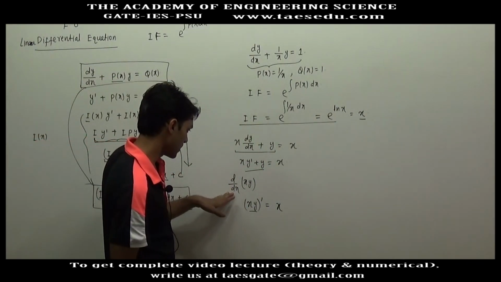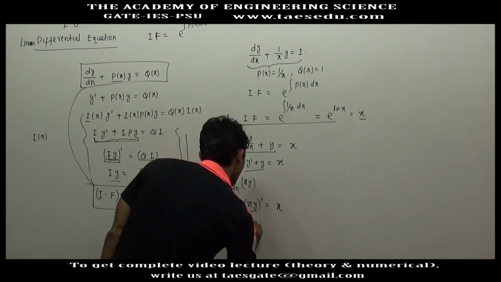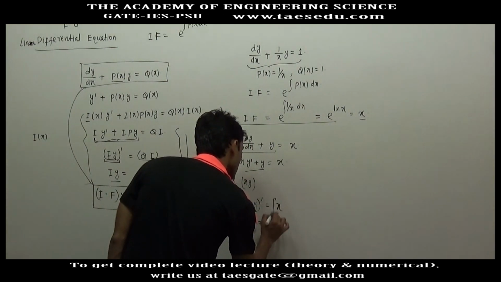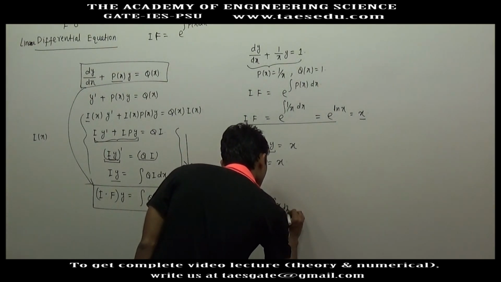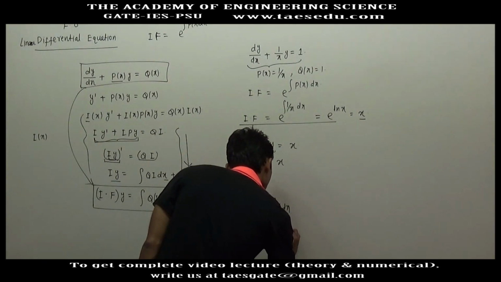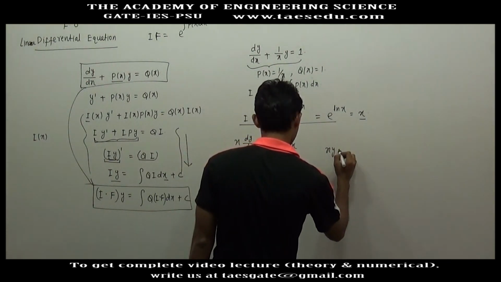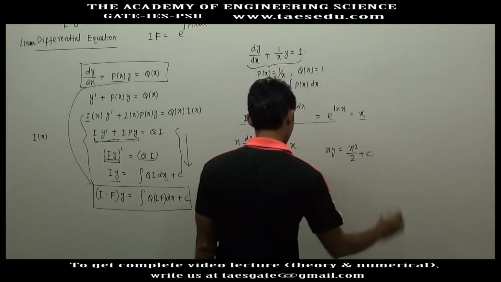This is nothing but d by dx of xy, so if you integrate it, you will get xy. On the right side you will get integral of x dx plus c. So the solution will be xy is equal to x square by 2 plus c.